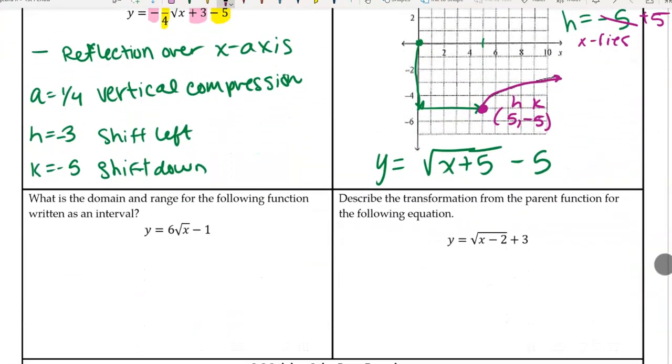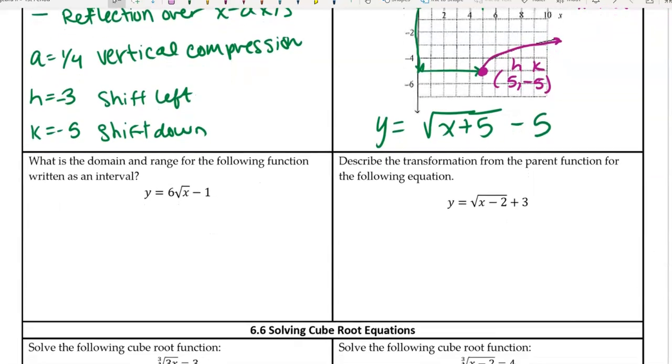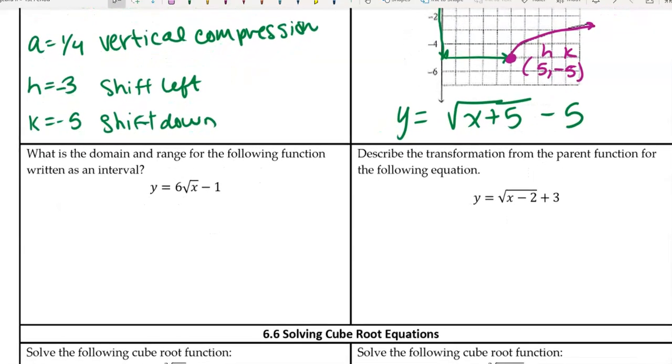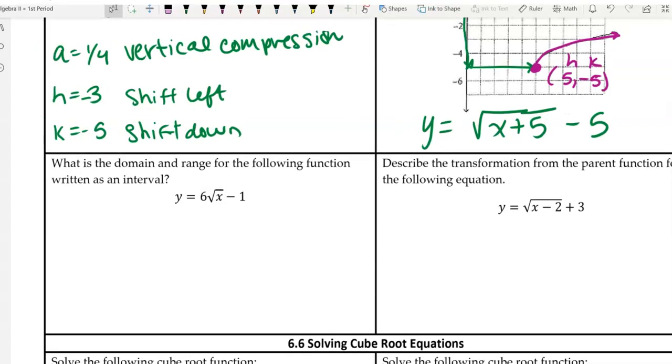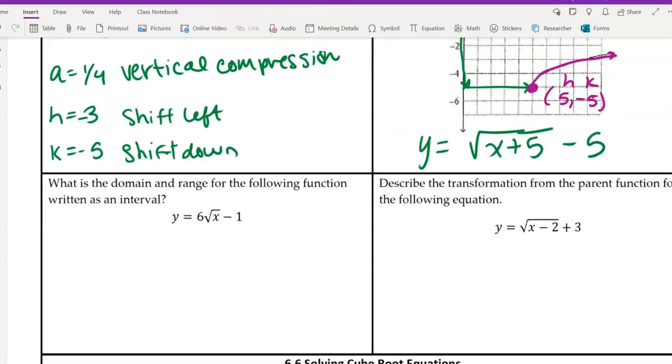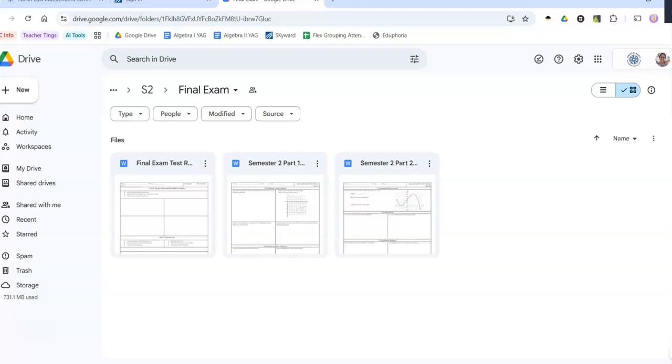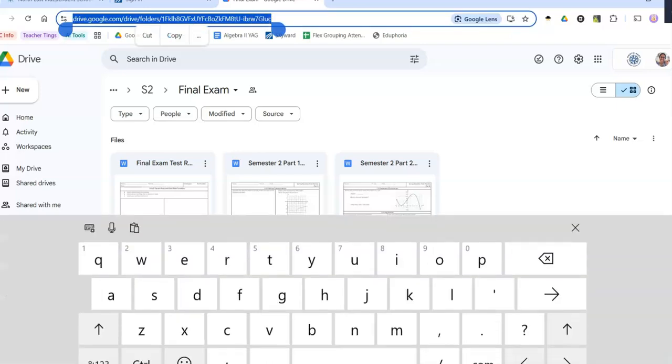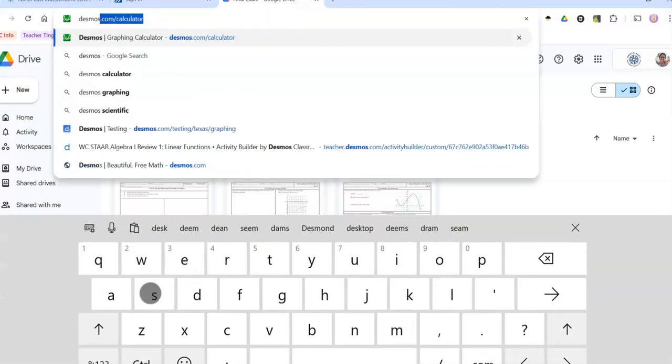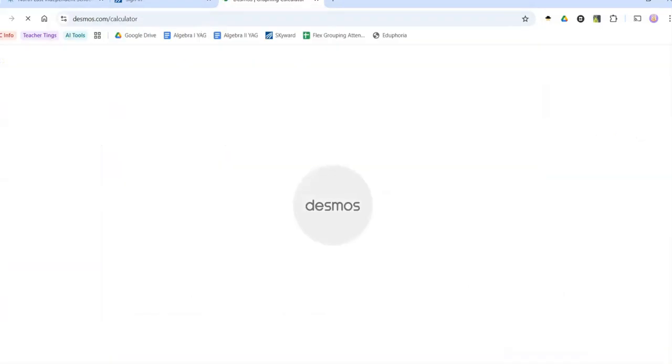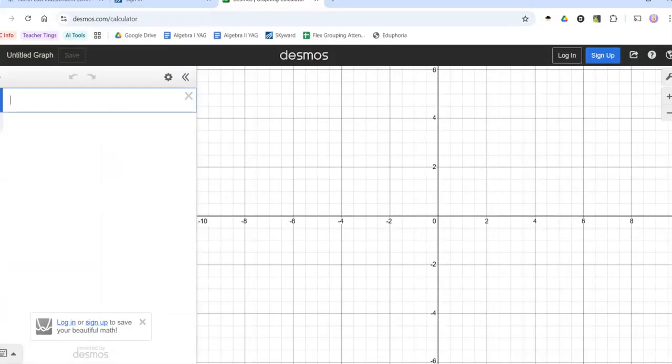All right, moving down. What is the domain and range for the following function written as an interval? Anytime you're given an equation and it wants you to describe what the graph looks like, whether it be domain and range or what the vertex is, what the max or minimum is, all you got to do is stick that in the calculator.